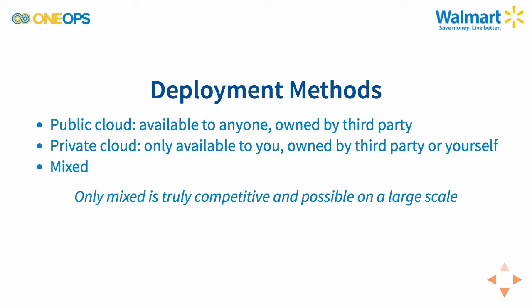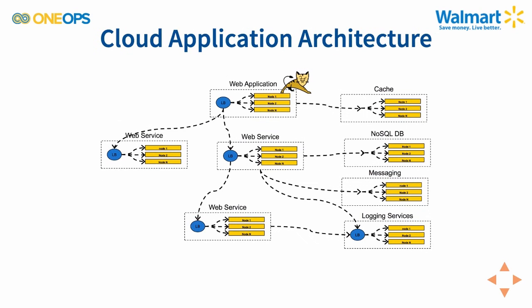Now that we understand a bit about how a cloud is characterized, what the characteristics are and how it is delivered to you, what does a cloud application look like? In a nutshell, it could look something like this. This is a simple web application running on a Tomcat server in this example, where load balancers provide a distribution amongst multiple nodes running multiple web application instances on these separate servers.